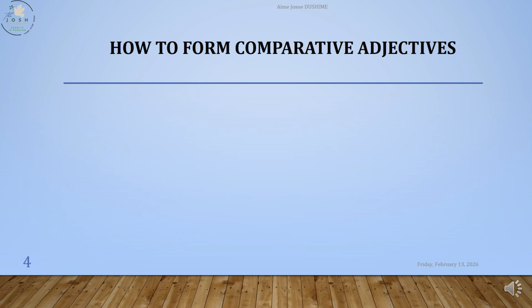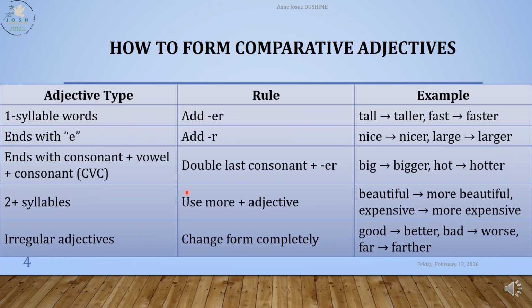How do we form comparative? If it is a one syllable word, we add er, like tall, taller, fast, faster. When they end in letter E, for example nice or large, we add r only, like nicer, larger. Because we have E, we don't have to write E again, we just put r only.